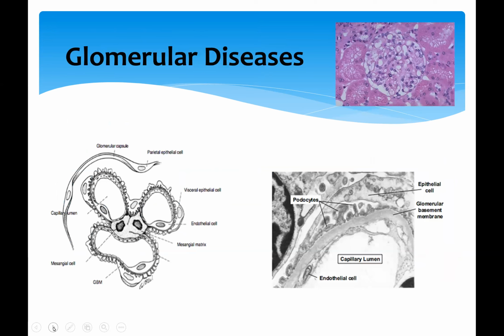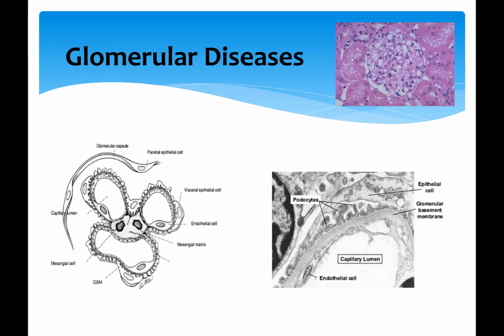When we talk of glomerular diseases, this is again another illustration of your nephron, this time an electron microscopic view. So if we say glomerular filter, we are referring to, again, the following structures: the endothelium, the basement membrane, the epithelial side, in which you have the filtration slits.